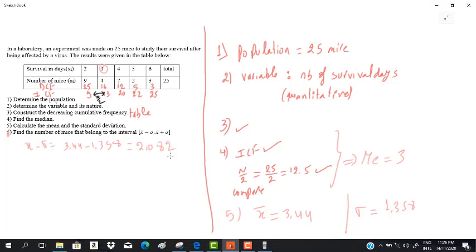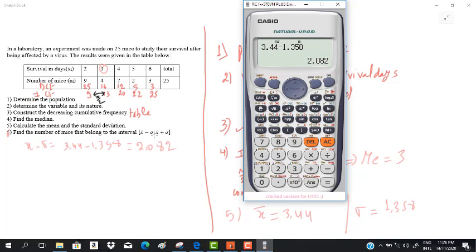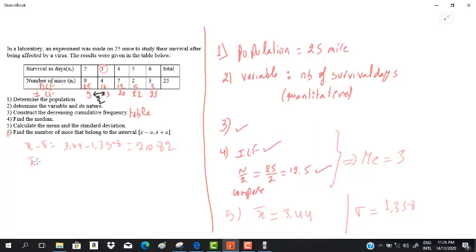Now x bar plus sigma, I have to calculate in order to find the interval. It is 3.44 plus 1.358, and the answer is 4.798. So the interval is between 2.082 and 4.798. It means greater than 2 and less than 4.7.